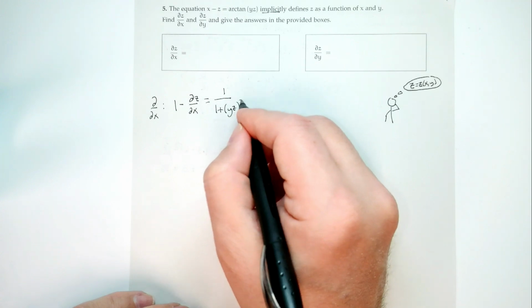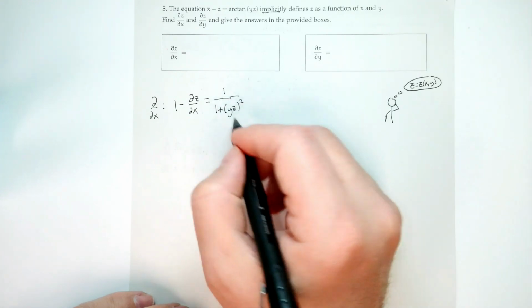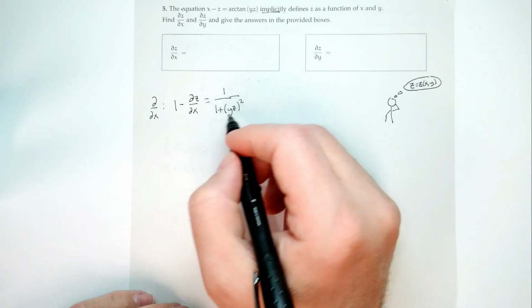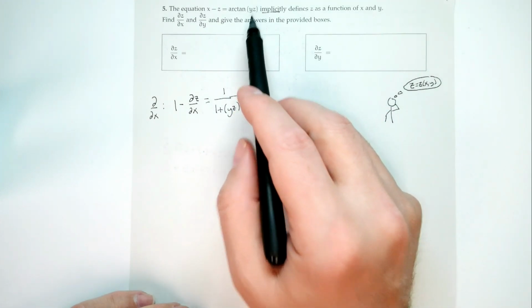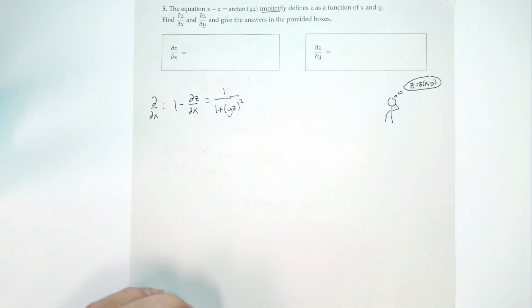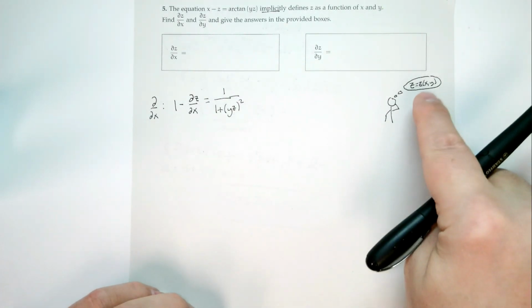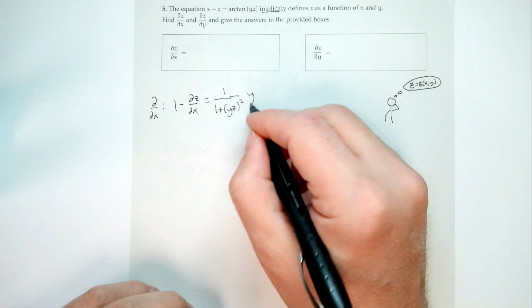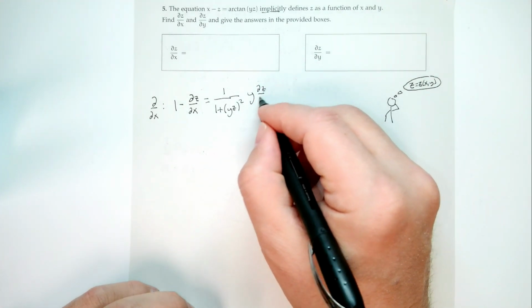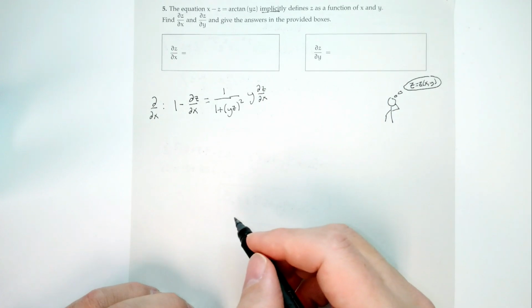The way you take the derivative of arctangent is 1 over 1 plus inside squared times the derivative of the inside. Now y, because we're taking the derivative with respect to x, we're treating that as a constant, and z, of course, still depends on x. So we're going to have y partial z partial x.